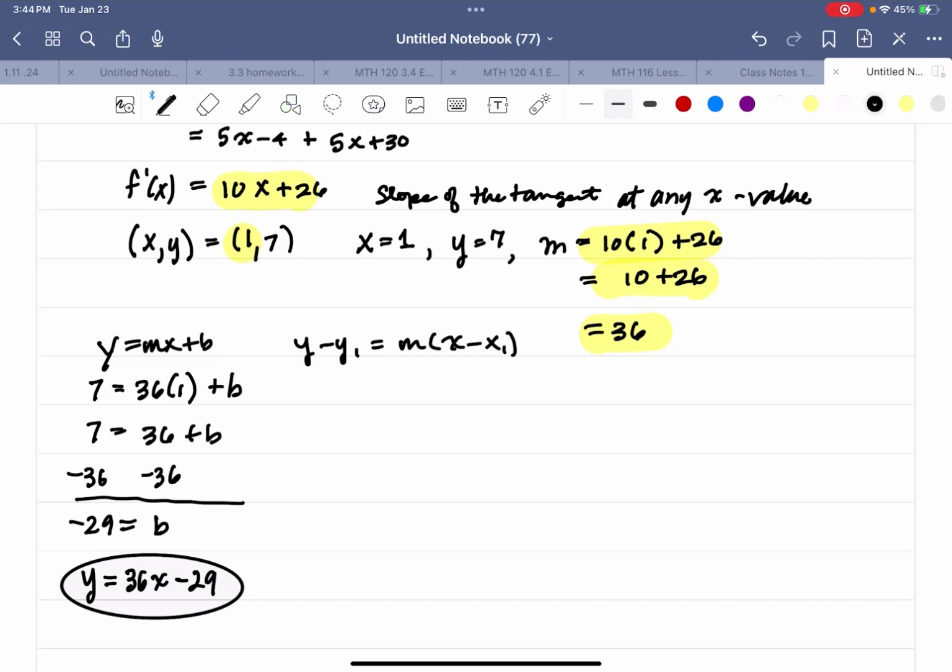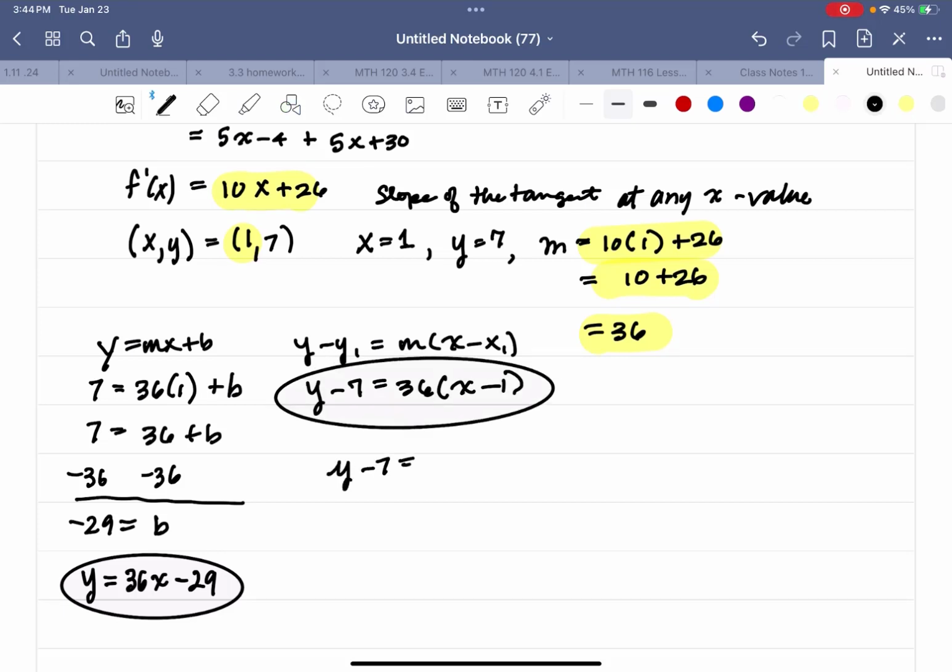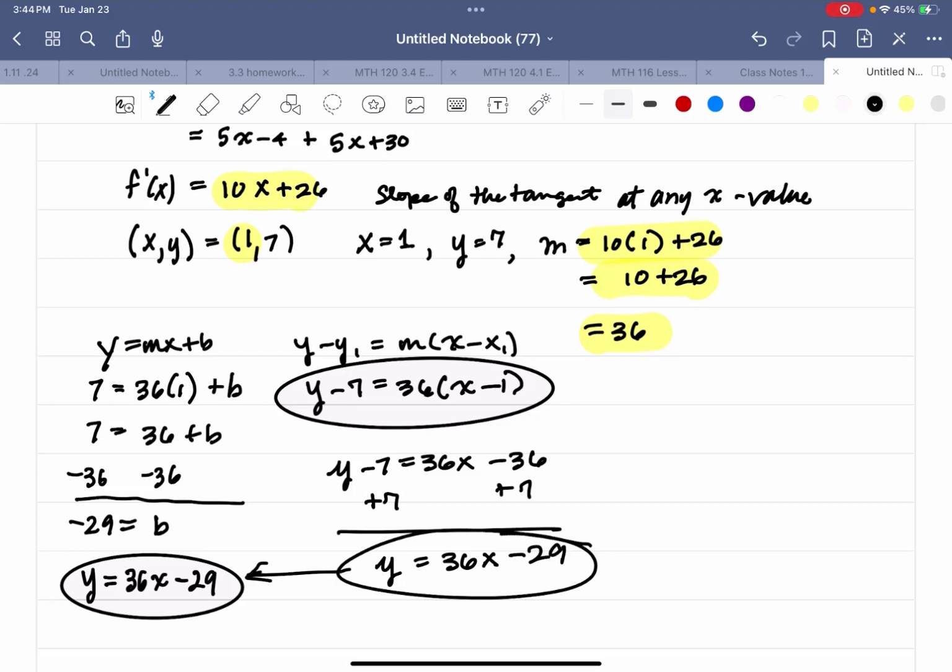If you use the second one, y minus 7 equals 36 times x minus 1, this should also be an acceptable answer, because if you clean this up, y minus 7 is 36x minus 36, add 7, and you'll notice y equals 36x minus 29 is the same answer we got there. So either the slope-intercept form or the point-slope form is acceptable unless they tell you to solve it for y. Sometimes they do, sometimes they don't.